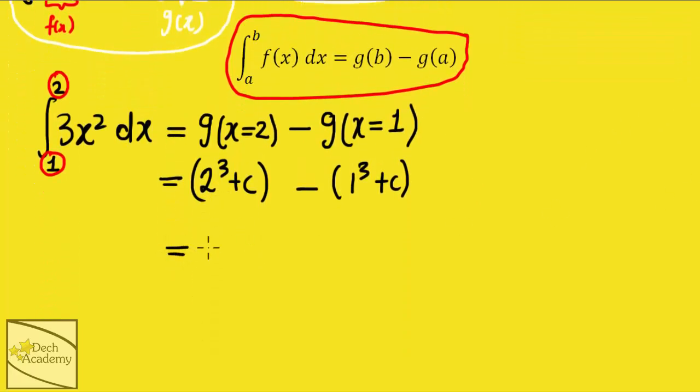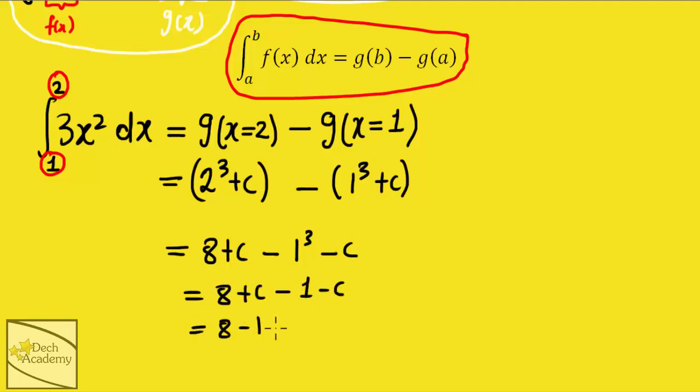And this gives 8 plus c minus 1 cubed minus c, which is 8 plus c minus 1 minus c, which is 8 minus 1 plus c minus c, which is 7. What's c minus c? That's 0. So it gives 7. So we have a definite integral. The definite integral of 3x squared with the upper limit 2 and the lower limit 1 is 7.